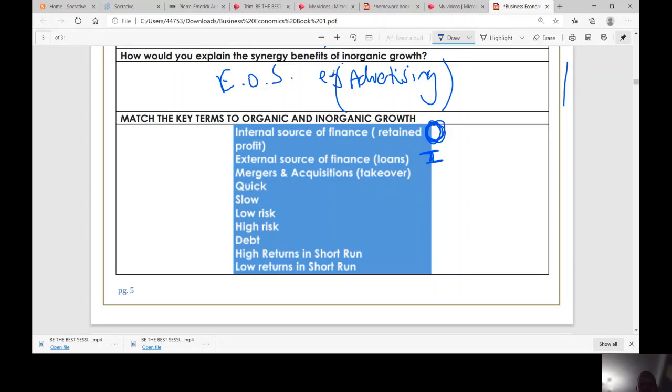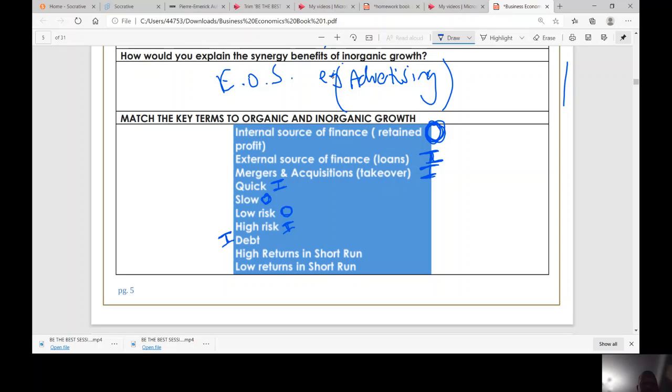Mergers and acquisitions, a takeover, is an example of inorganic growth. Inorganic growth is quick, because you are buying up a fully formed company. Organic growth is slow because you are having to gradually reinvest your profits and slowly increase your scale. Inorganic growth is high risk. Organic growth is low risk.